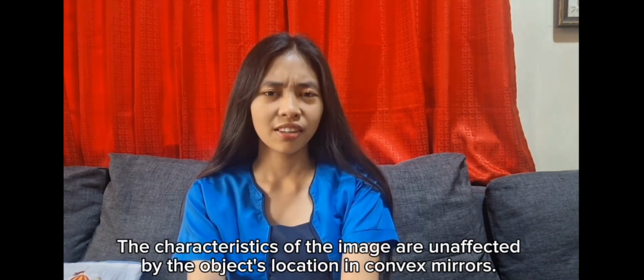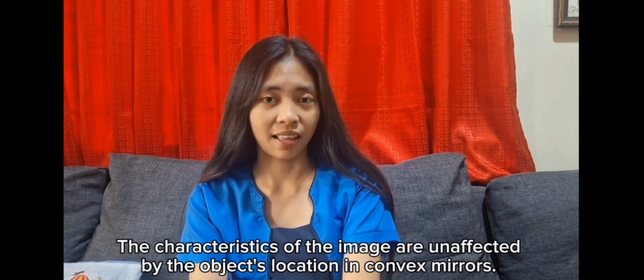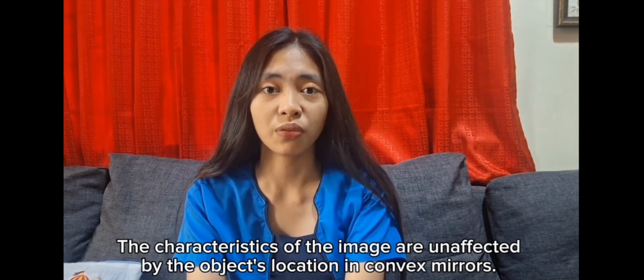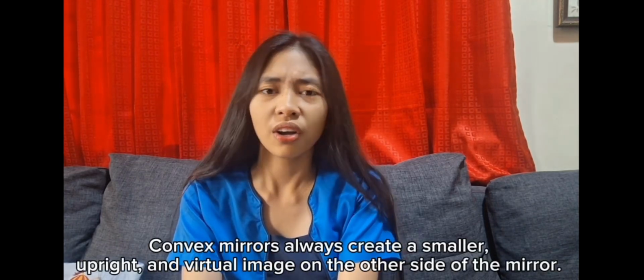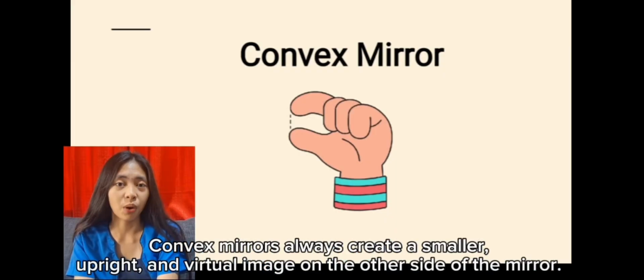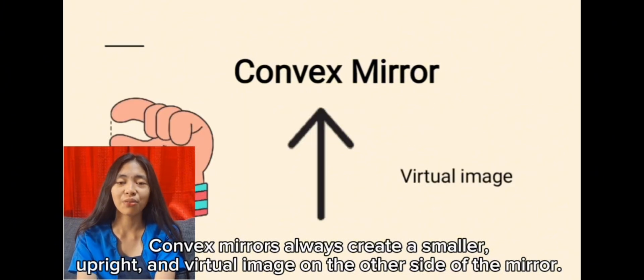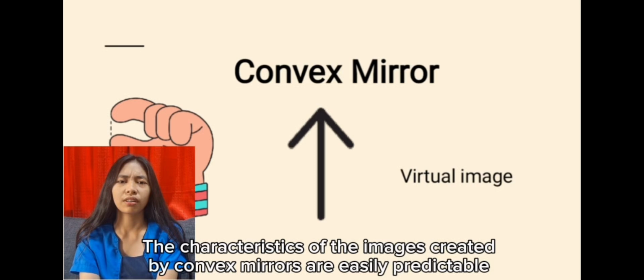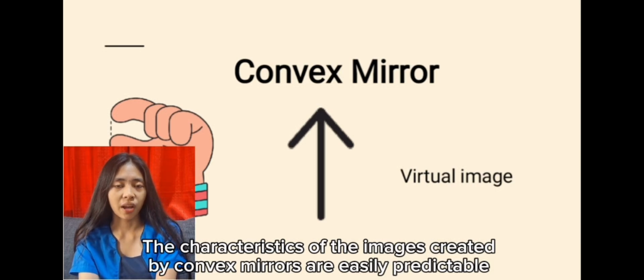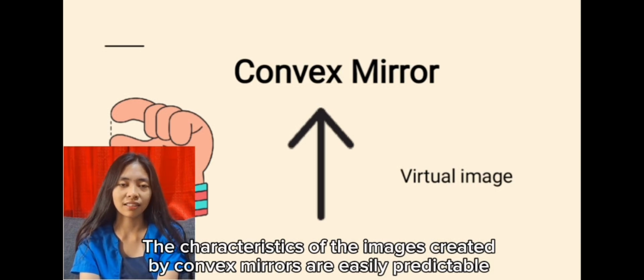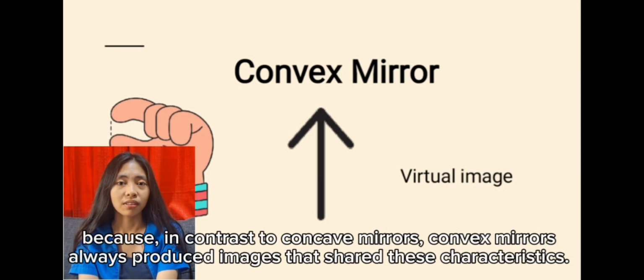The characteristics of the images are unaffected by the object's location in convex mirrors. Convex mirrors always create a smaller, upright, and virtual image on the other side of the mirror. So the characteristics of the images created by a convex mirror are easily predictable because, in contrast to a concave mirror, a convex mirror always produces images that share these characteristics.